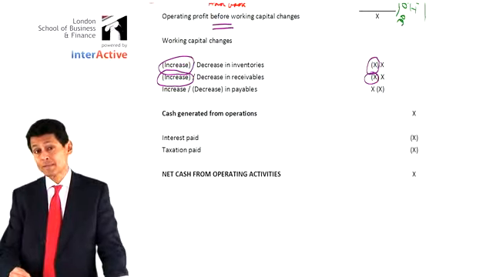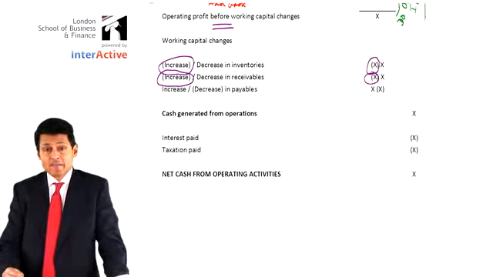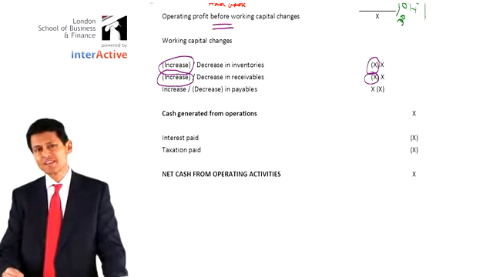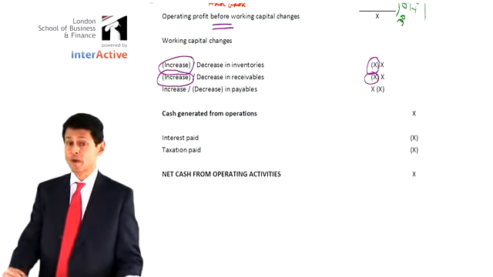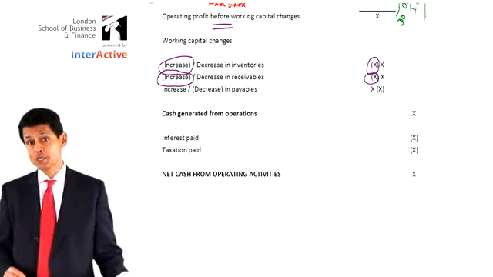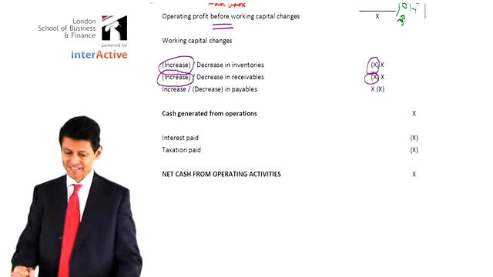So if that were to happen, if there was an increase in creditors, in a sense they are financing us. It's a cheap source of finance because it's hardly ever charged any interest. So if there's an increase in payables, it means quite simply there's an inflow of cash. In other words, you've conserved cash, you saved some cash.